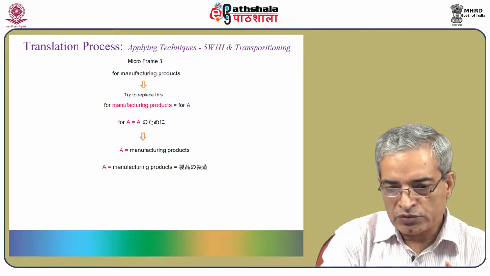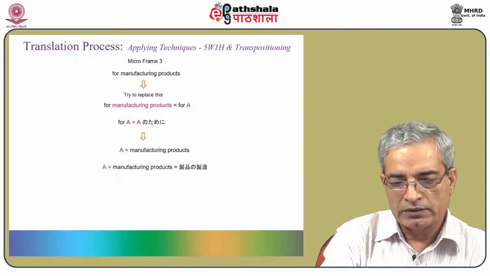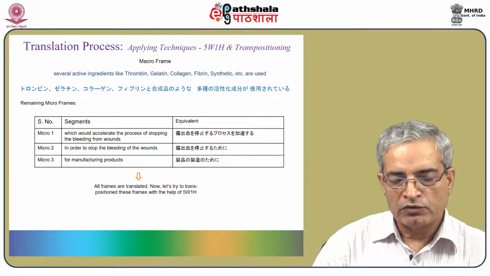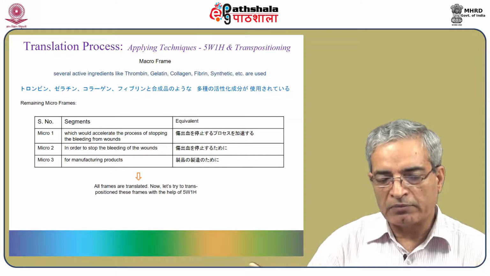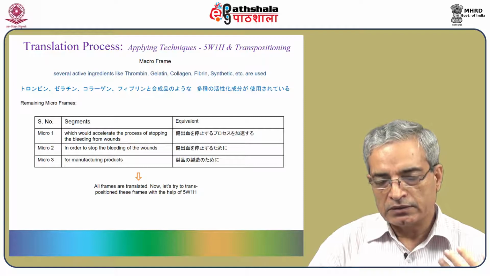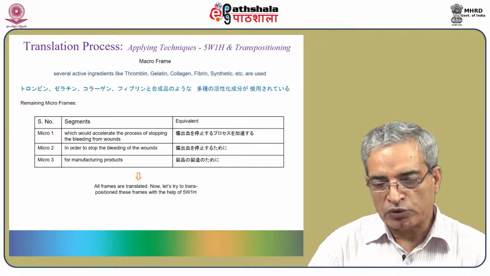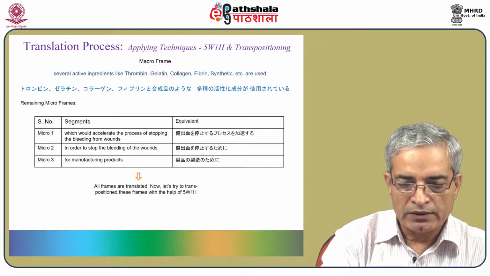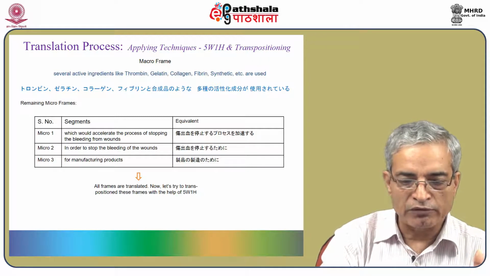Now if you substitute the A on the right hand side, A was manufacturing products, which is seihin no seizo, so it is seihin no seizo no tameni. What it means is that you divide, pick up components, it could be word, it could be compound, keep it aside, go further, and then put those words together, and it gives a complete sentence or complete clause. Now we have all 3 frames translated.